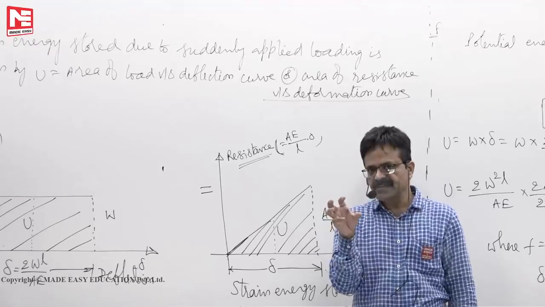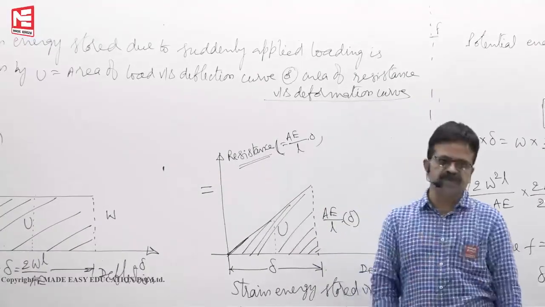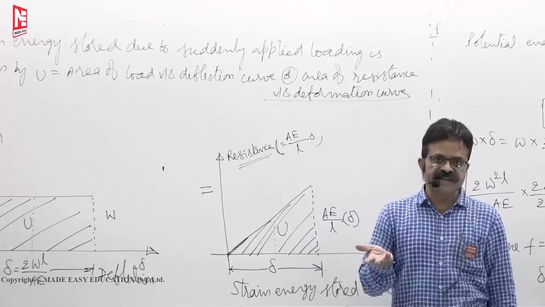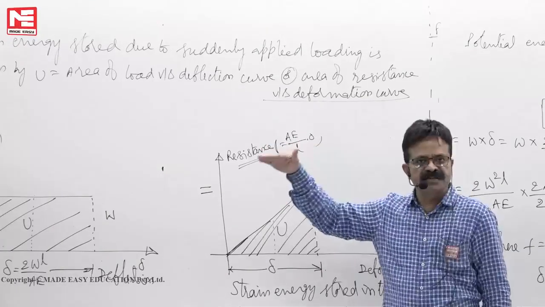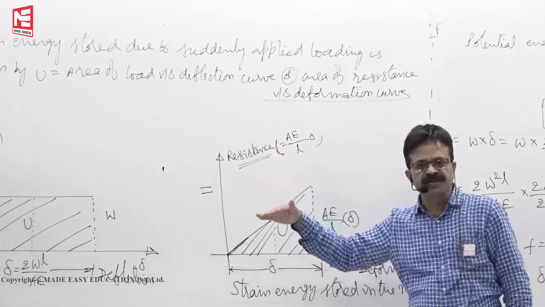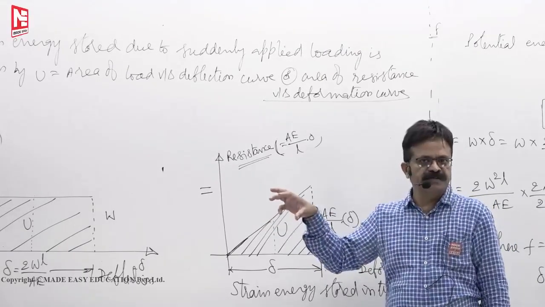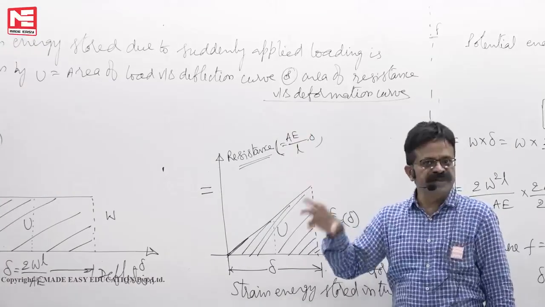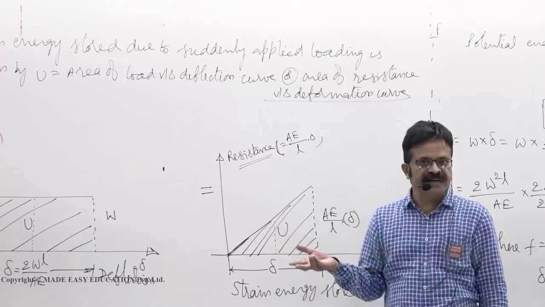If strain energy stored is less and potential energy lost is more, where will the remaining potential energy go? It will go in the form of kinetic energy. So at the instant of applying the load W, velocity is 0. By the time it goes down by an amount of WL by AE, part of the potential energy will be stored in the form of strain energy. The remaining will be converted into kinetic energy.